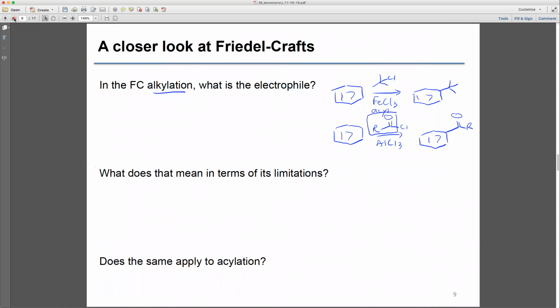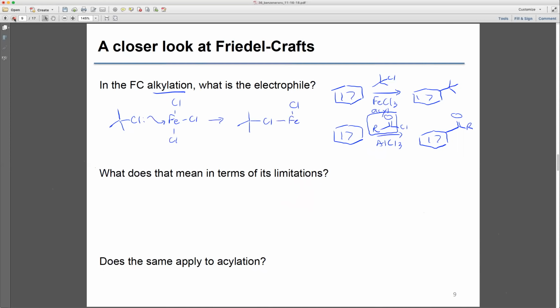The alkyl group, yes, that is true. What about the alkyl group makes it an electrophile? The carbocation, exactly.